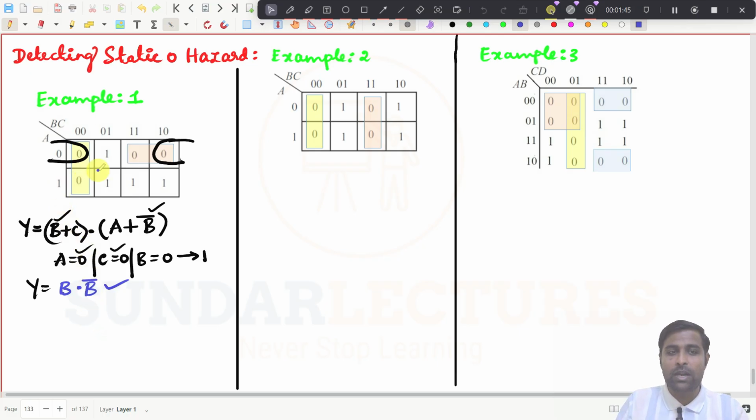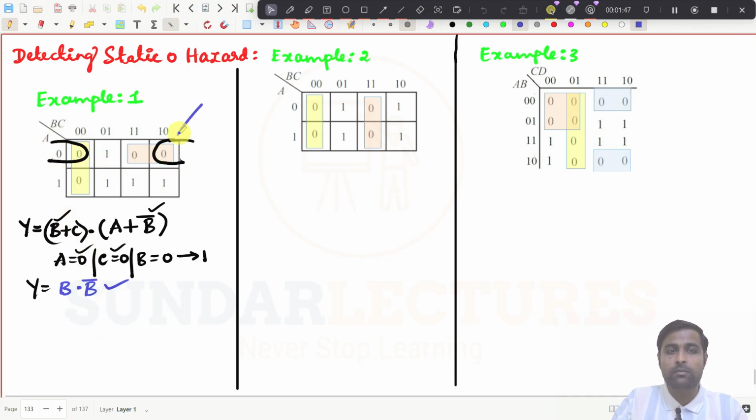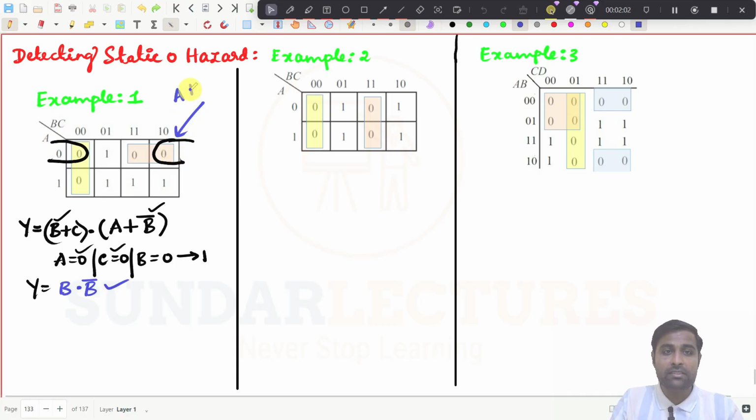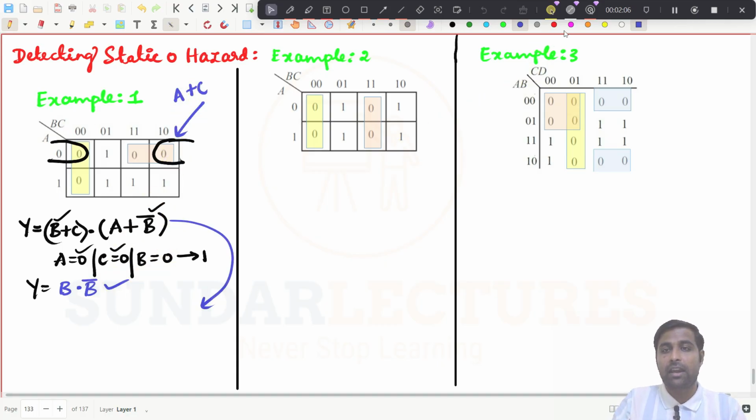So how will you eliminate this one? Add this pair. What is the equation you will get for this one? It is a direct term you will get, and what is the common term in these two? 0 is the common term, then obviously you will get a plus c. So you just multiply this term here.